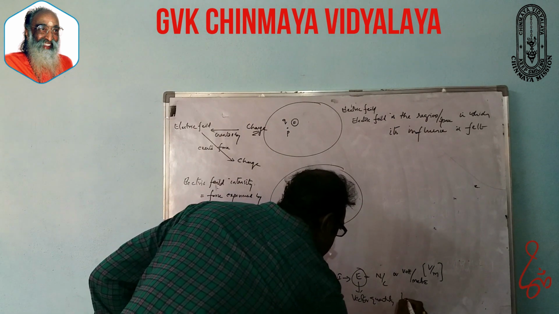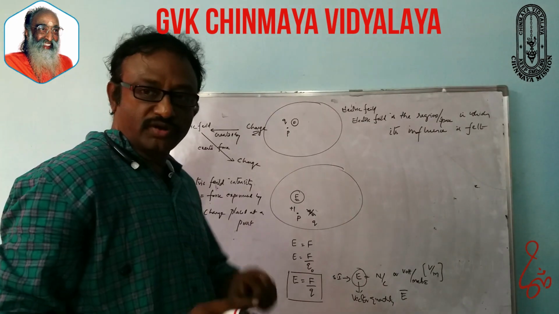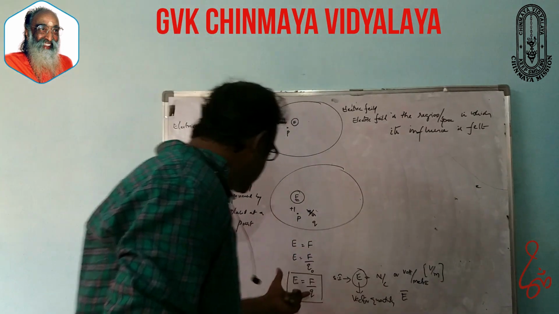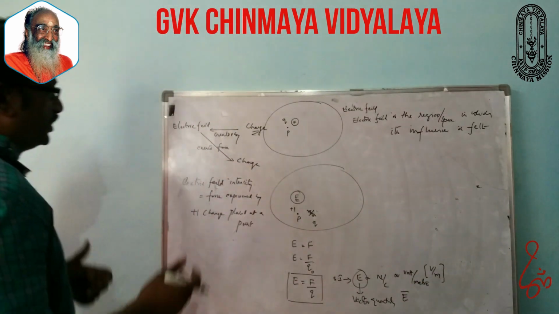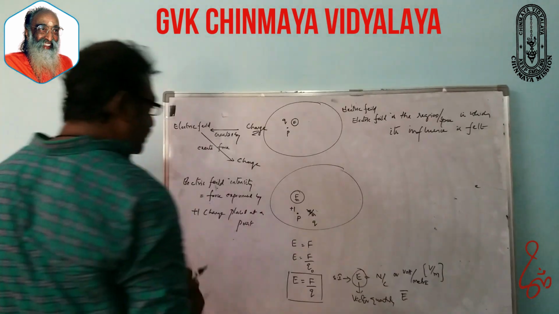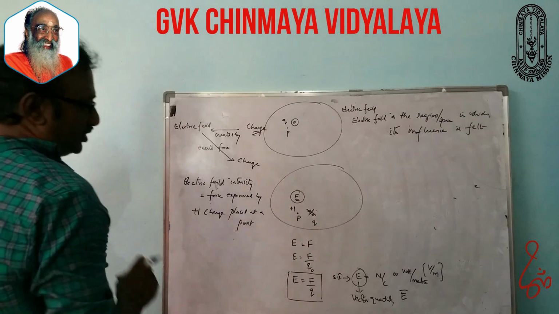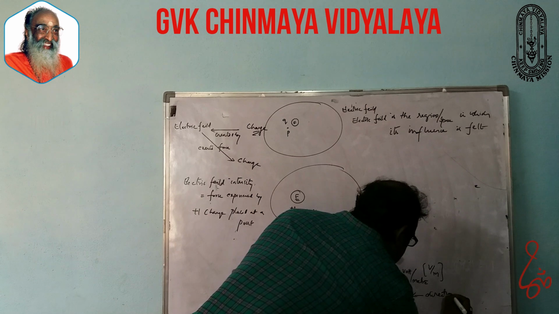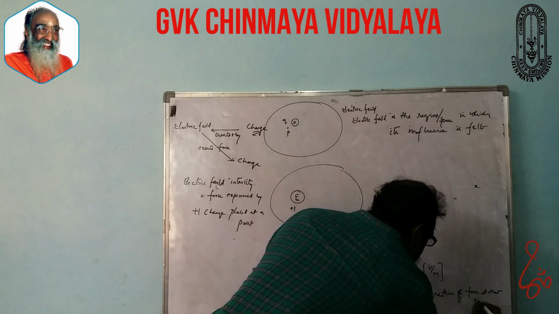If it is a vector quantity, we have to tell about its magnitude as well as direction. The magnitude you can find by the equation E is equal to F by Q, and the direction of E at a particular point is the direction of the force acting on the charge at that point. Why am I saying again and again at that point?